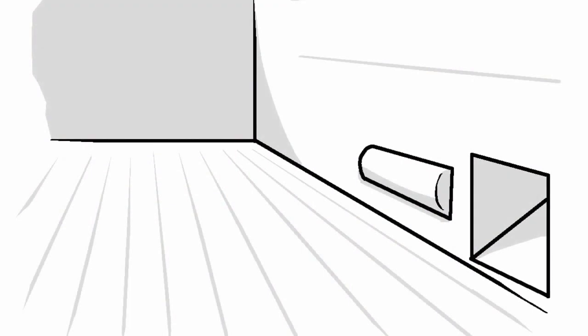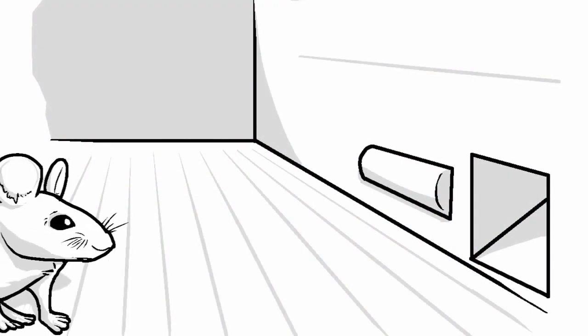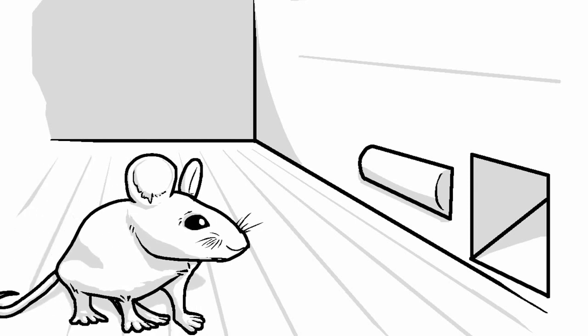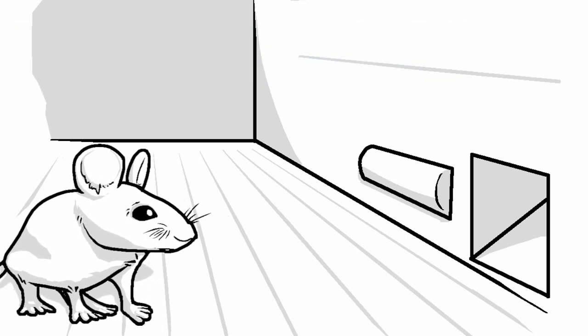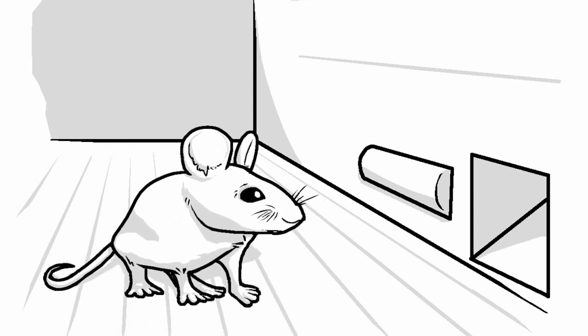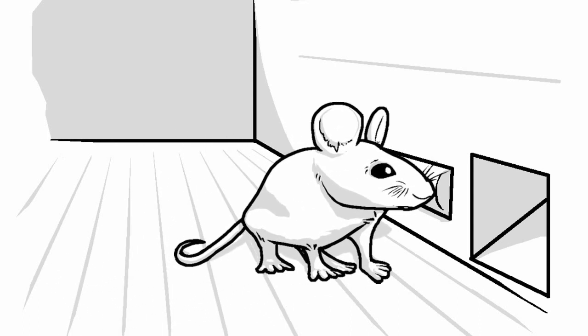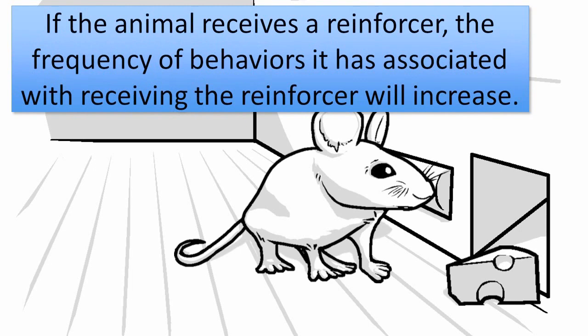Here's a demonstration. Like I said a moment ago, when we put an animal into a new environment, generally they're just going to actively explore. They're going to be trying things out, seeing what kinds of consequences there are for the various behaviors that they can perform. In this demonstration, you see that when we put our little rat into this cage, it's going to naturally start running around. Just by chance, eventually he might step on this button that will dispense food.